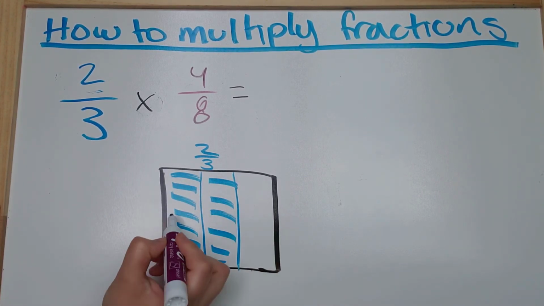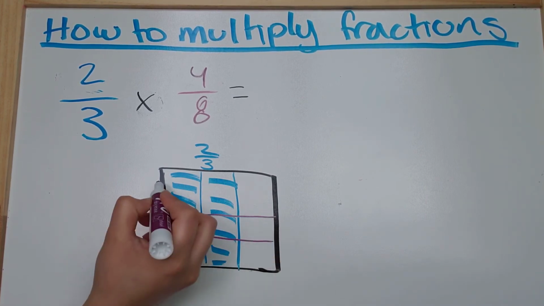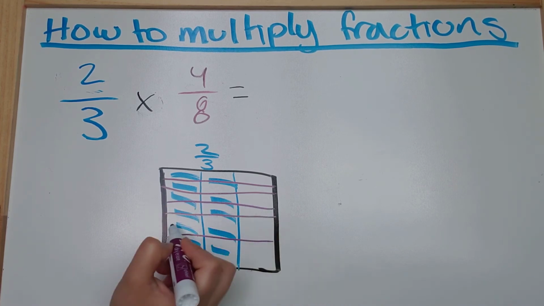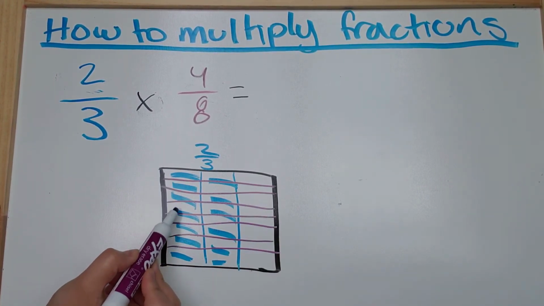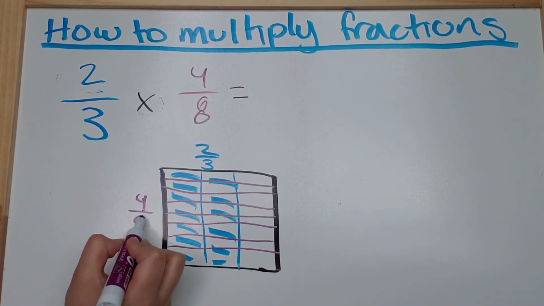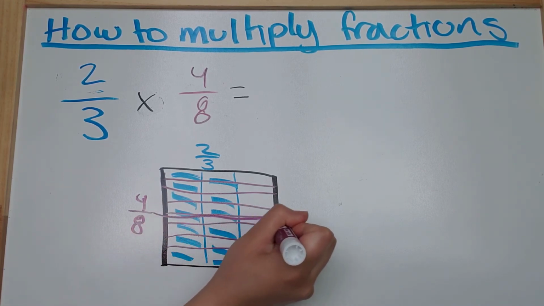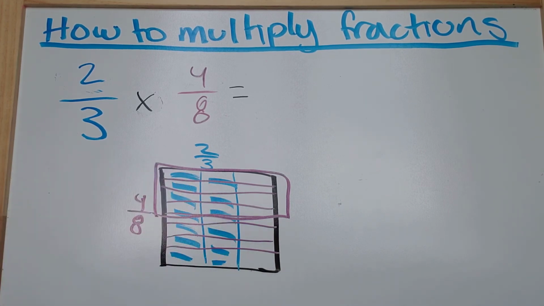To do that, I have to do it in fourths first. Now 1, 2, 3, 4, 5, 6, 7, 8. Okay, so I have 4 out of those 8. So I have to go ahead and circle only this, and now I can go ahead and count.